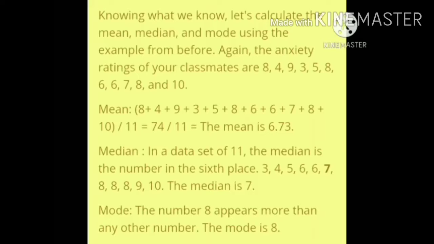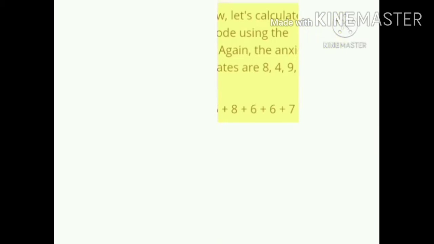So we will have 74 divided by 11, and the mean is 6.73. For the median, in the data set of 11, the median is the number in the 6th place, so the median is 7. For the mode, the number 8 appears more than any other number, so the mode is 8.